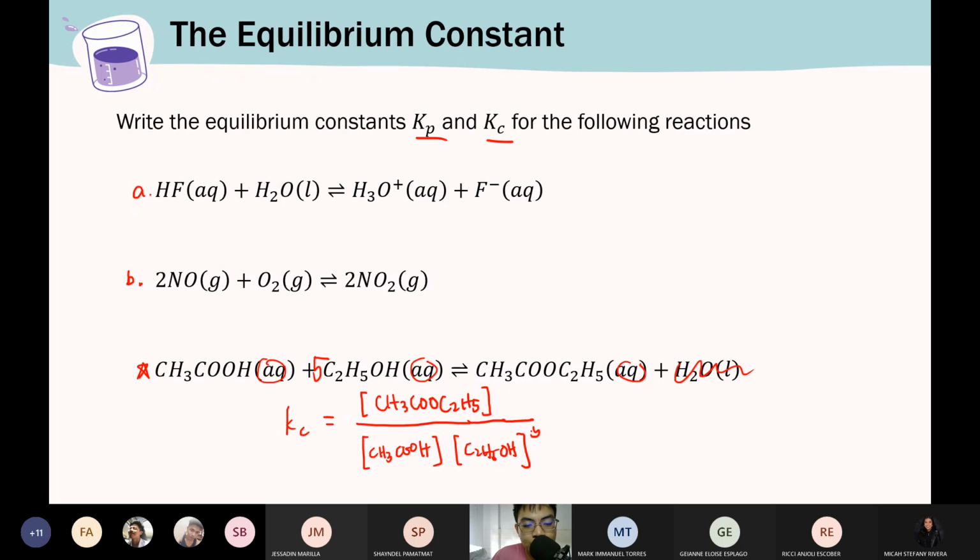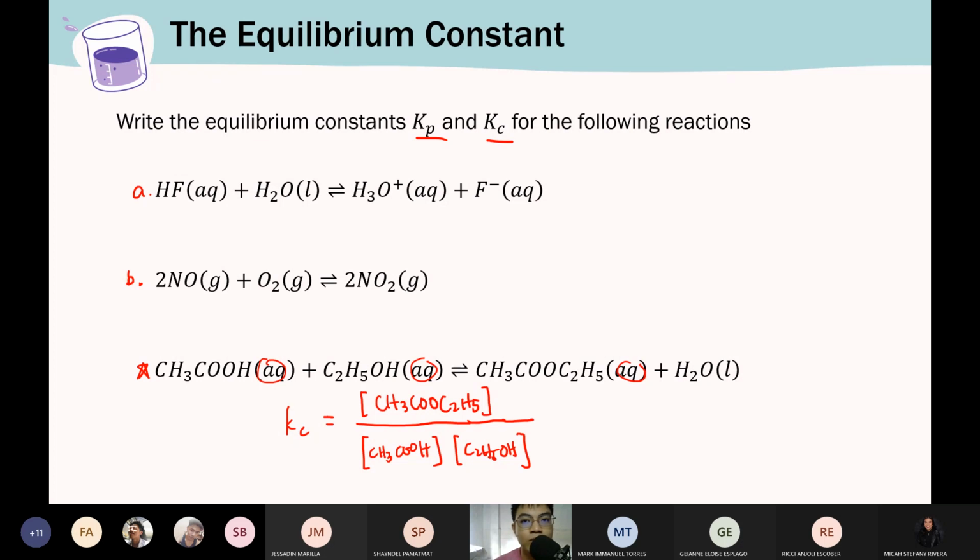Gagawin ko yung exponent. Okay? Kunwari may 5 doon, gagawin ko siyang exponent. But lucky for me, wala siyang coefficient. So, wala akong exponent. Okay? So, ganun lang. So, that's the process of writing the equilibrium constant. You check what chemical species you have.